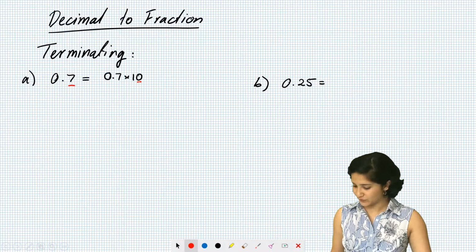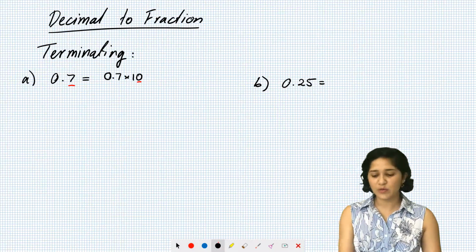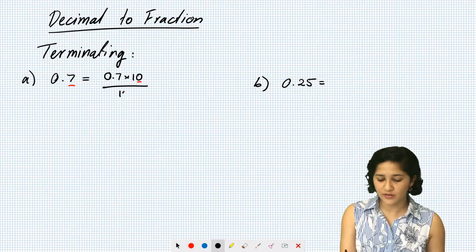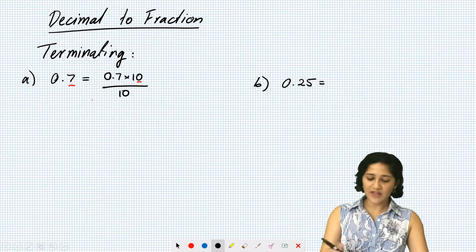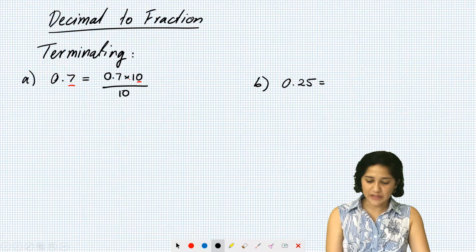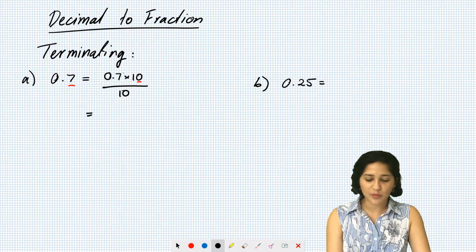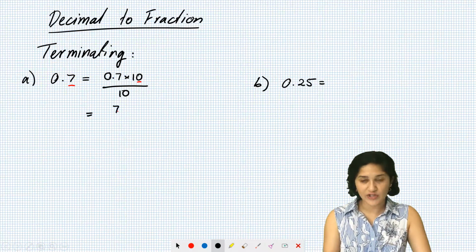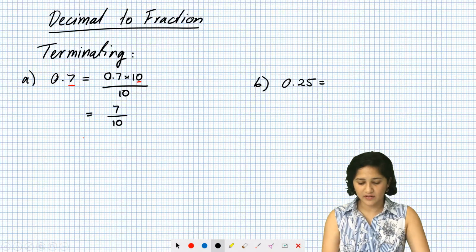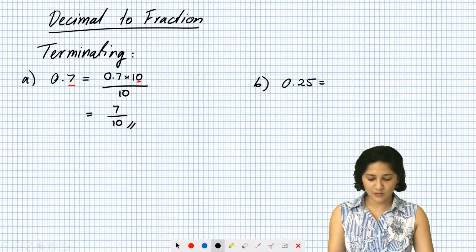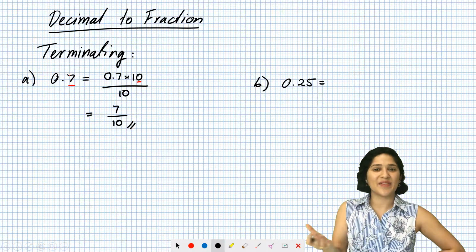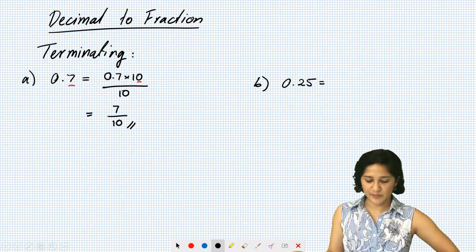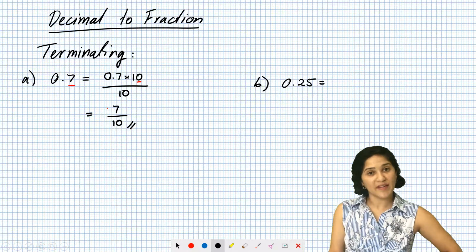I can't just multiply by 10, so I also have to divide by 10, that way I haven't changed the number. So 0.7 times 10 moves the decimal place all the way to the end, so it's just 7 divided by 10. We already should have known that because the 7 is in the tenths column. Since I can't simplify that, it's done.